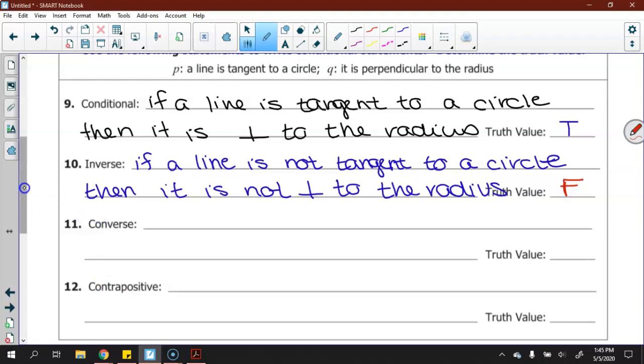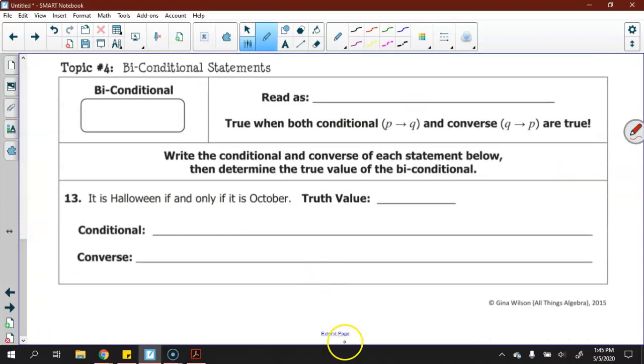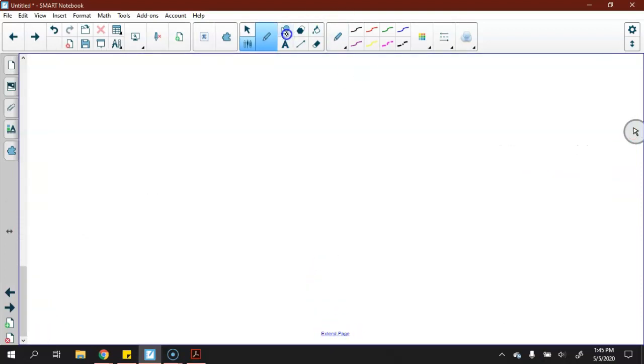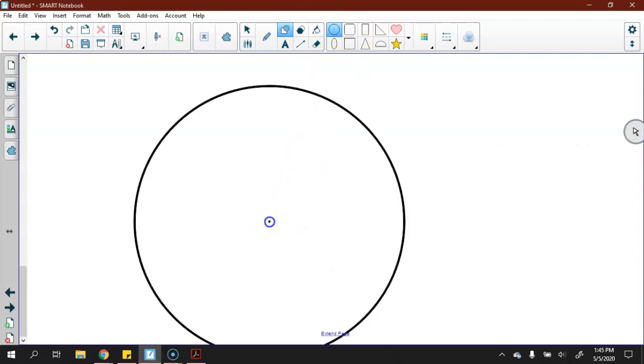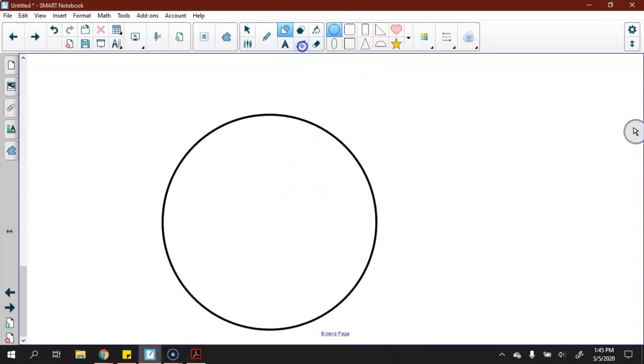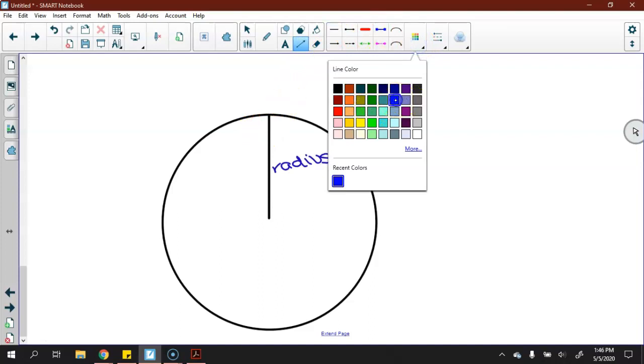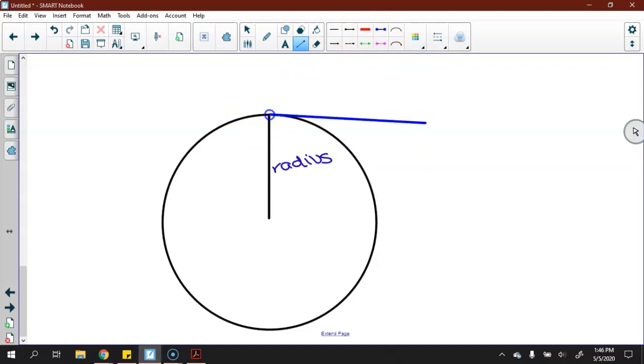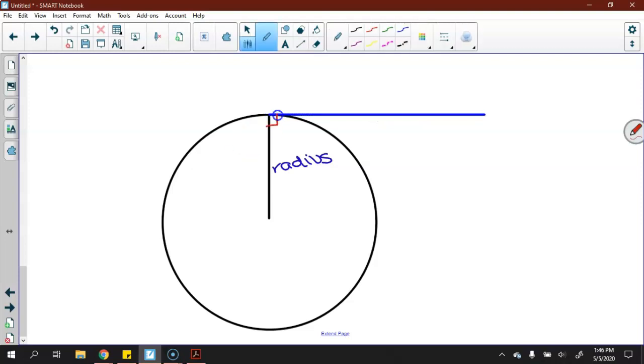So essentially, let me refresh you on tangent lines real quick. All right, so if you've got a circle, right here, and then I've got this bad boy right here. This is my radius, yes? Now, if I have a tangent line, and I'm going to do this in a different color just so you guys can kind of see it. If this is my tangent line, it has to create a right angle right here.